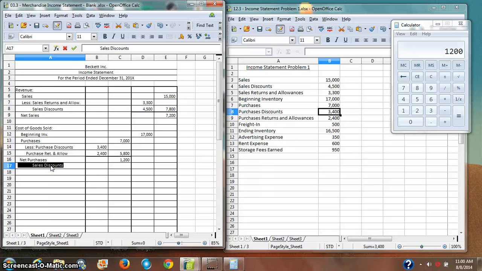However, I paid some money to get those purchases in place. Add freight in. This is another part of my cost here. Freight in is $500. And this is going to get me the net cost of purchases.